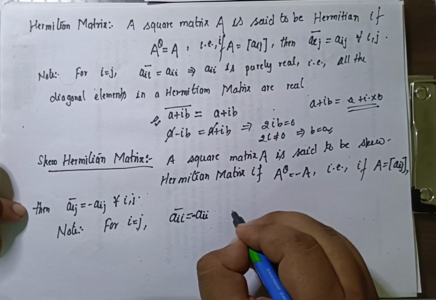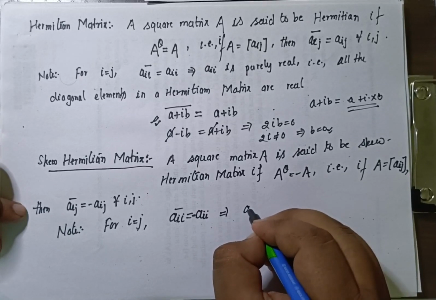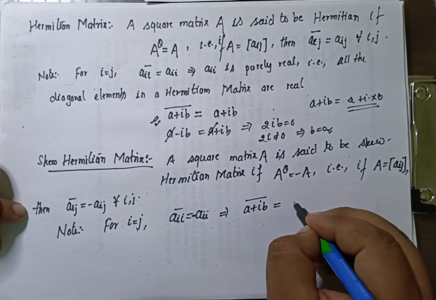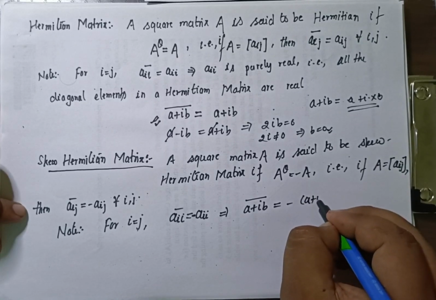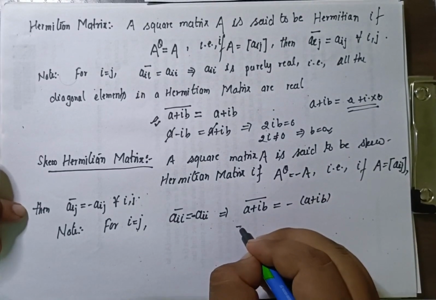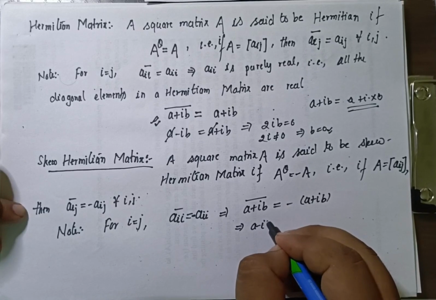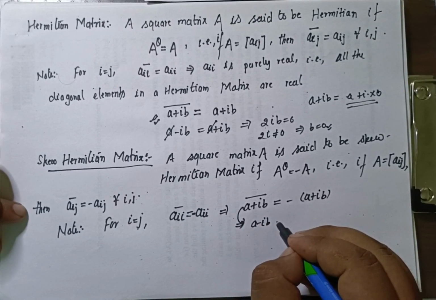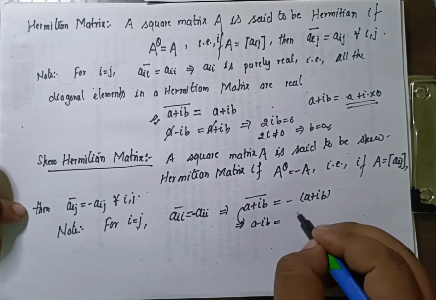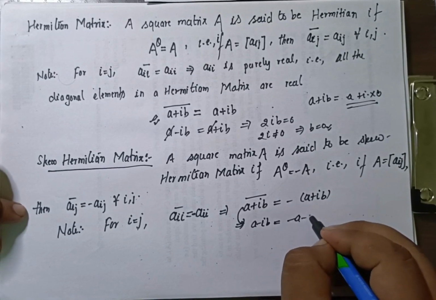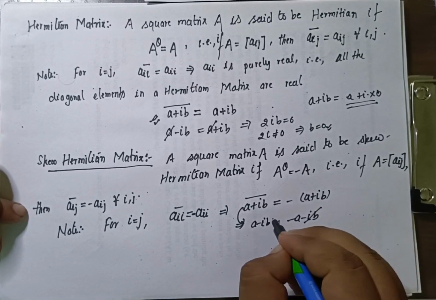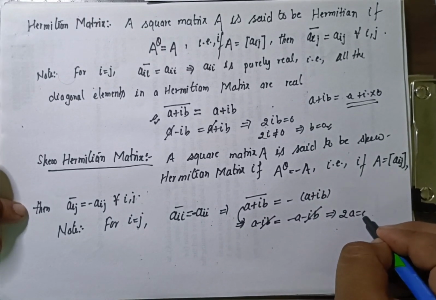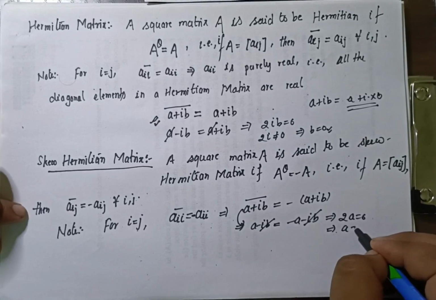That is, if we have the complex number a plus iota b on the diagonal, then the conjugate a minus iota b, by the property of the conjugate, is equal to minus a minus iota b. So minus iota b is cancelled from both sides, so 2a is equal to 0, and this implies that a is equal to 0.